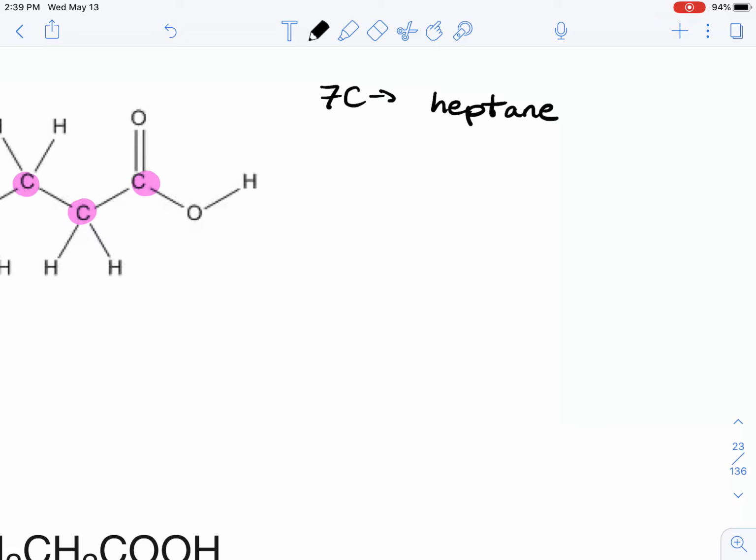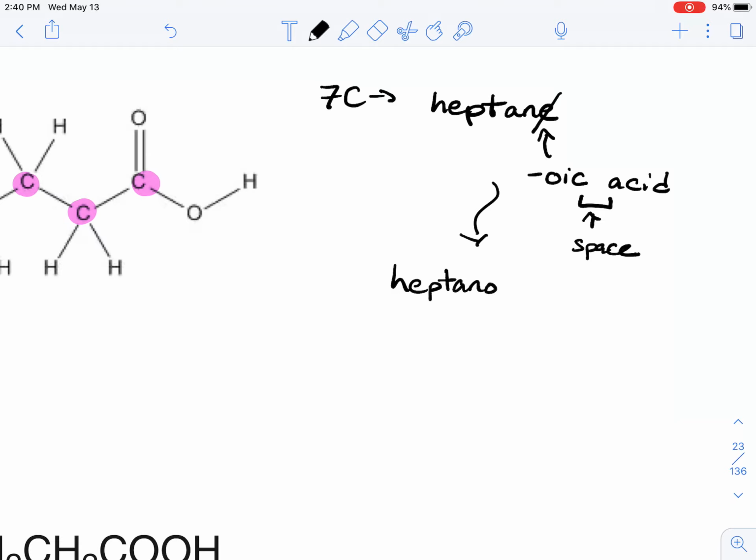And so therefore, I'm going to drop the E and I'm going to add oic acid. And so there is a space that's present between the C and the A. And so overall, I would just get heptanoic acid.